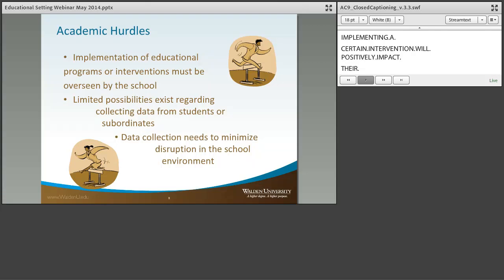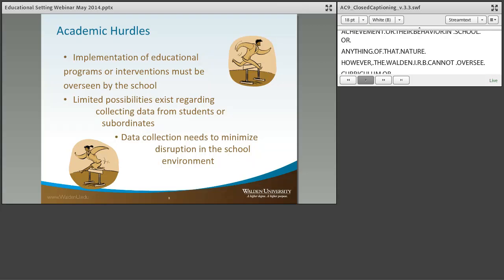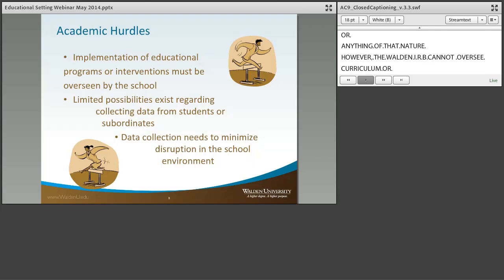However, the Walden IRB cannot oversee curriculum or intervention implementation. Those are elements that would need to be overseen and implemented by the school according to their policies and procedures. Now, this certainly doesn't mean that students can't study this.